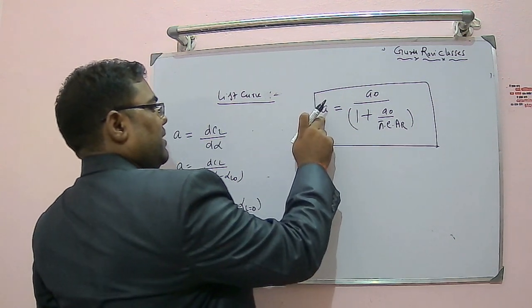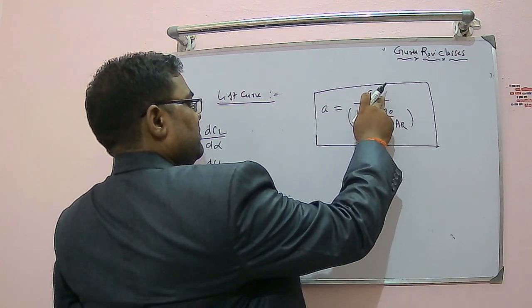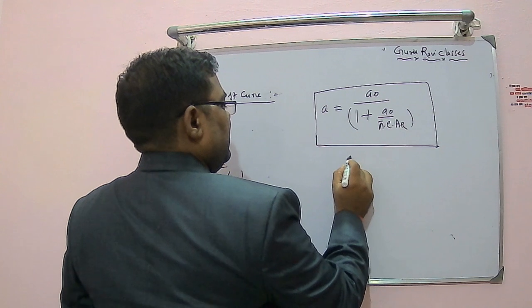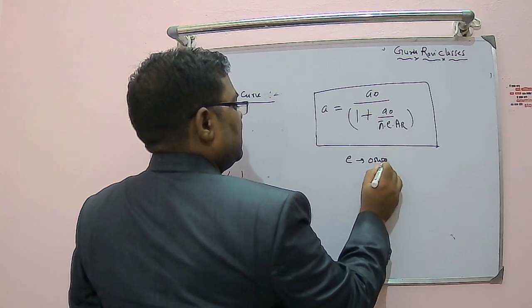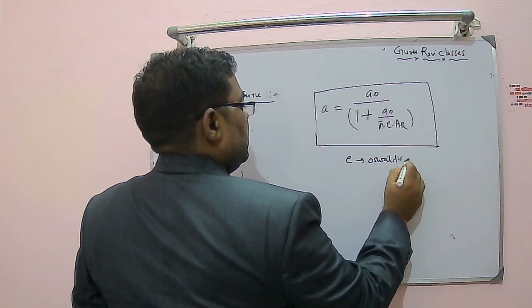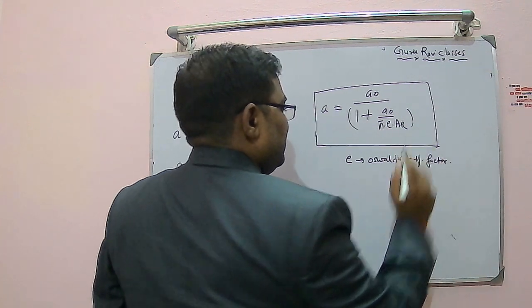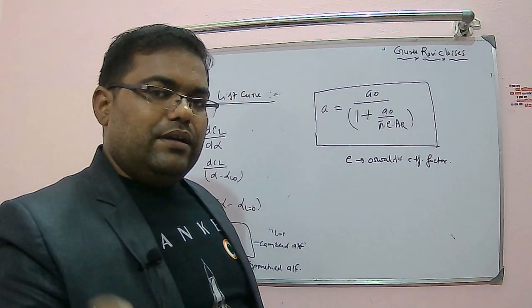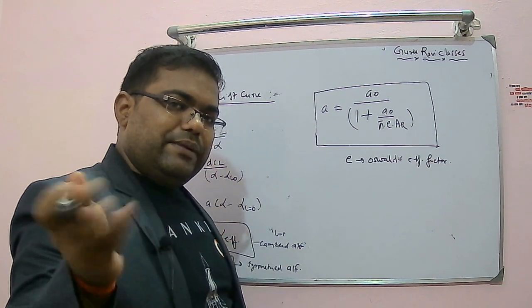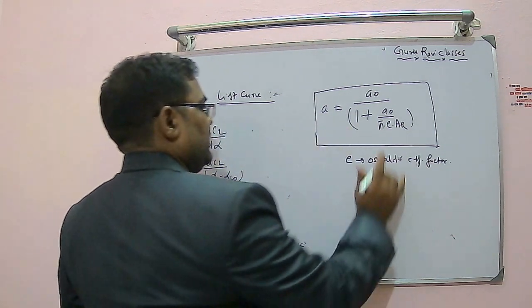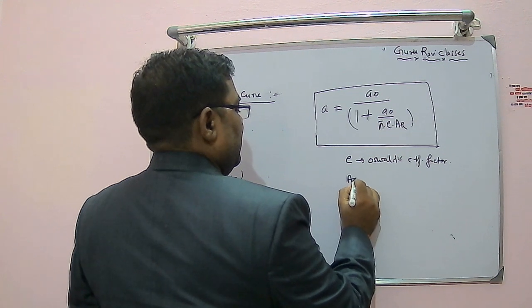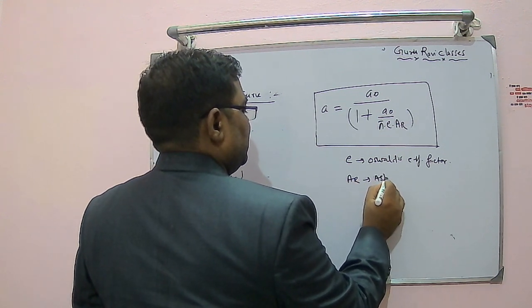This is the relationship between the lift curve slope for a cambered airfoil and the lift curve slope for a symmetric airfoil. Where A is the cambered airfoil lift curve slope, A naught is the lift curve slope for a symmetric airfoil, and E is known as the Oswald efficiency factor. I said in most cases we consider 1, or it lies between 0.85 to 1. Any value you can consider. Pi is pi and AR is known as aspect ratio.